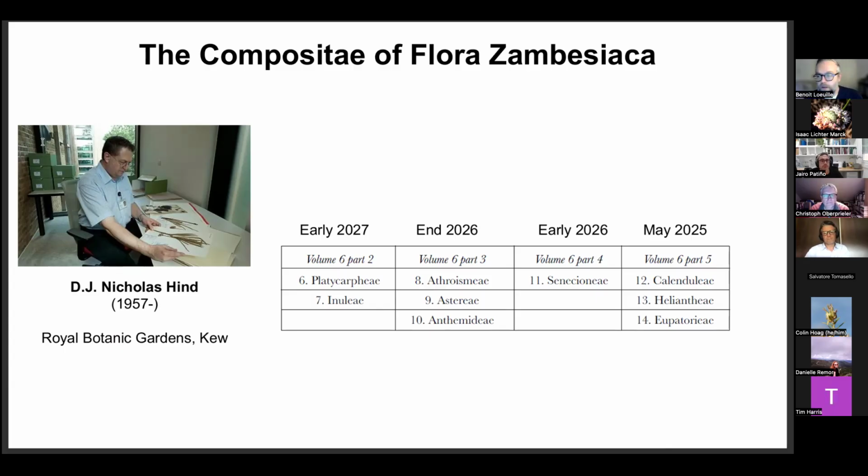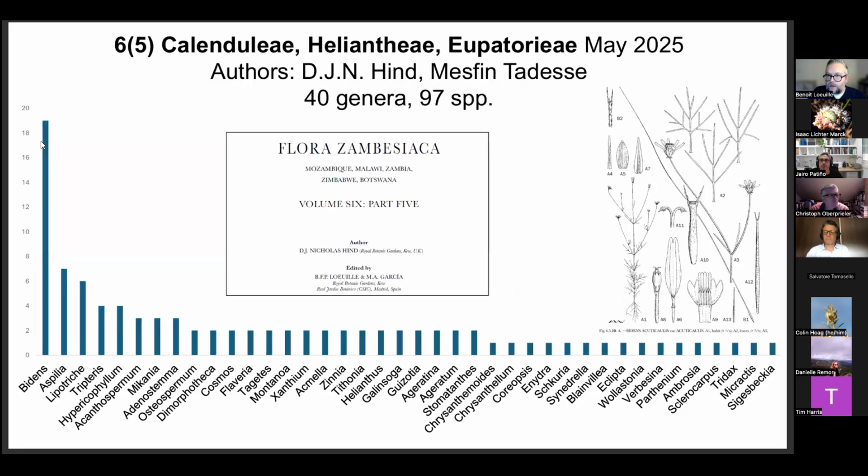So when I say Heliantheae, it's Heliantheae sensu lato, and when I say Inuleae, it's including Gnaphalieae in this talk. And the four remaining parts are expected to be published until early 2027. In May of this year, the part with Calenduleae, Heliantheae, and Eupatorieae was published.